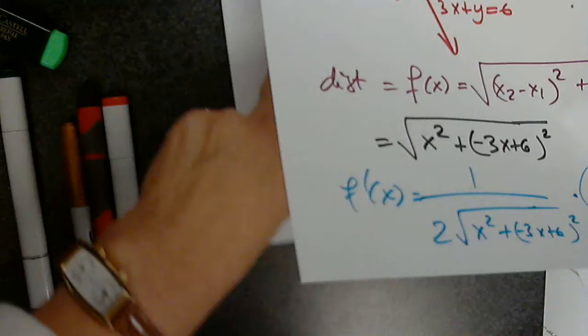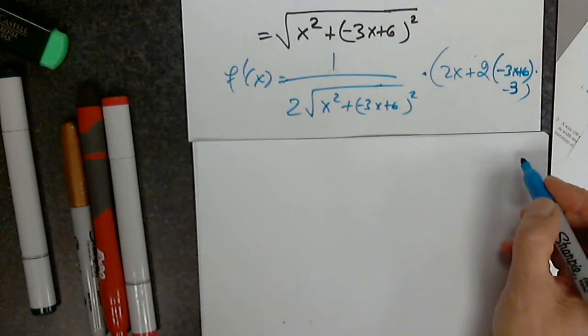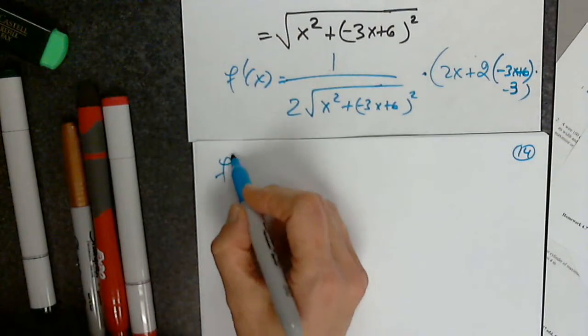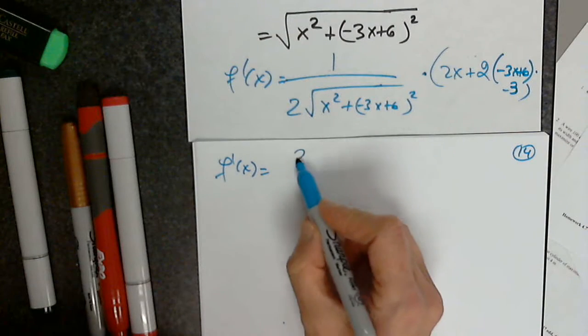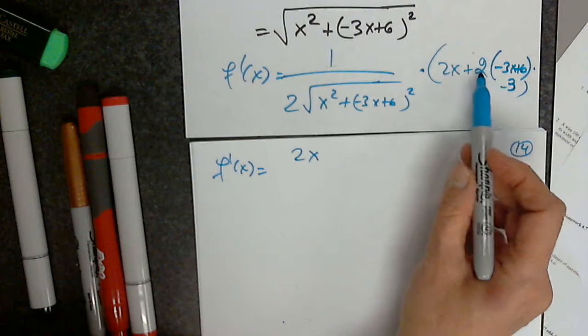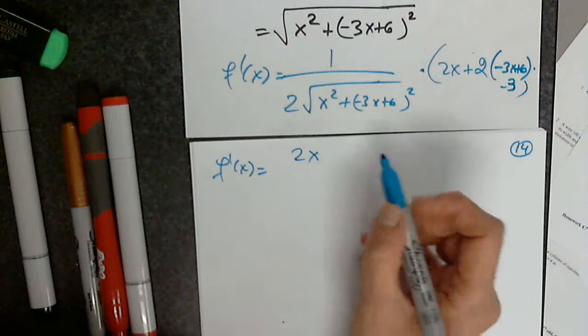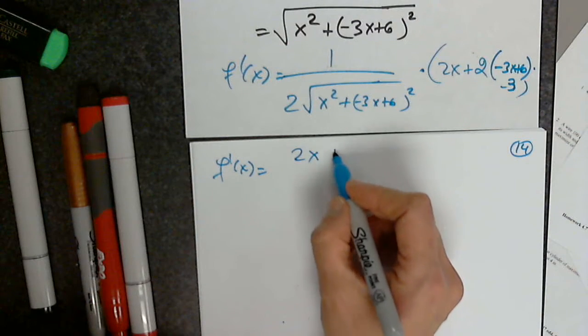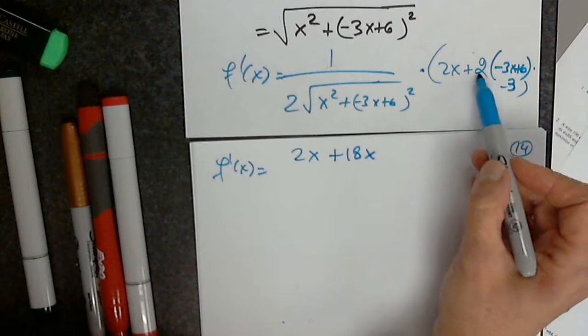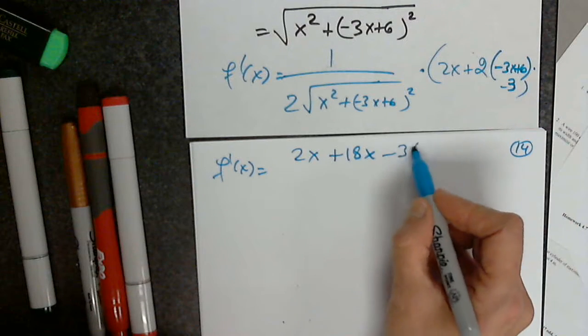Very good. So then, I'm going to write it one more time. f prime of x equals 2x minus 6 times negative 3x, it's positive 18x, and minus 6 times 6, negative 36.